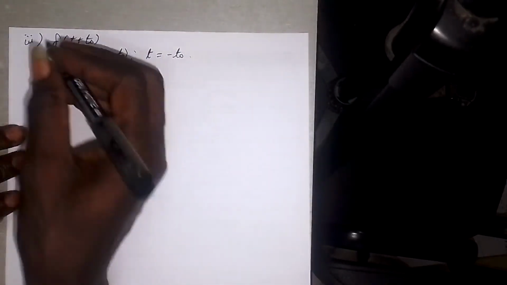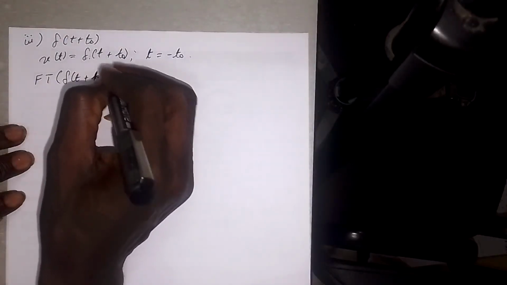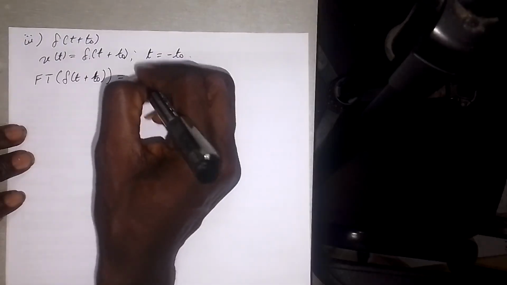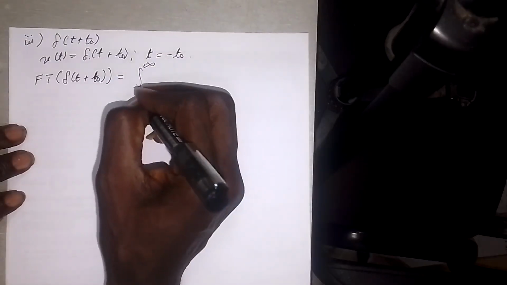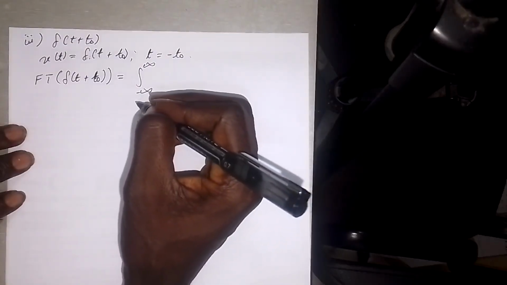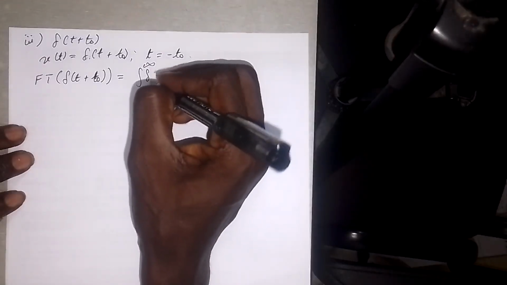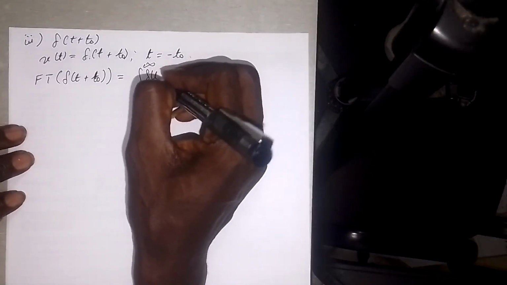So basically, my Fourier transform of delta of t plus t naught is supposed to be what? Even though I write minus infinity to infinity, it doesn't occur from minus infinity to infinity. It occurs at a single instance of time. Just to show you the formula, let me write it this way.